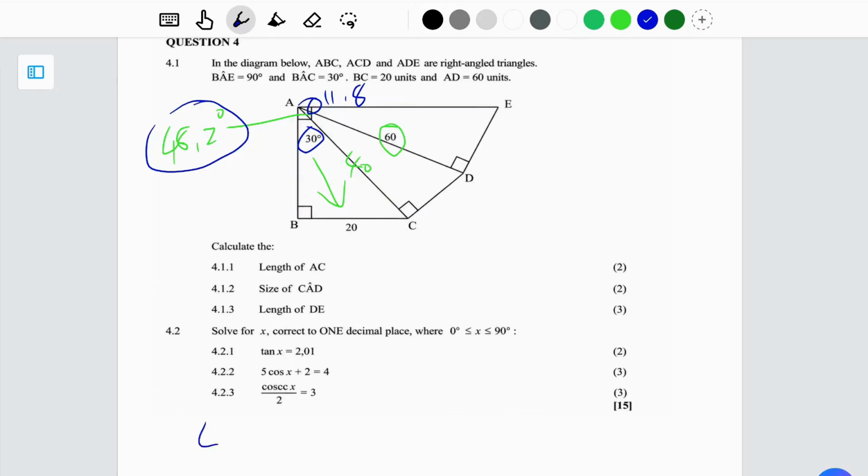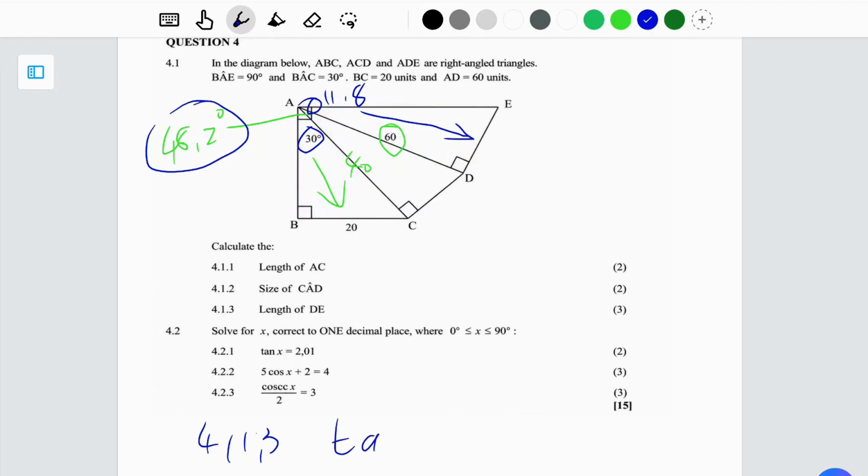So the question is 4.1.3, calculate DE. Okay, so we know that angle is opposite to DE, right? So we know opposite over adjacent would be tan, right?